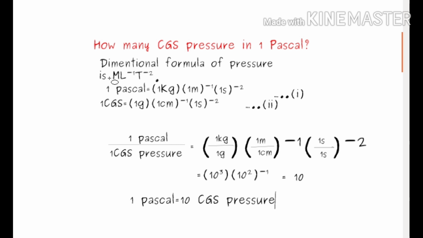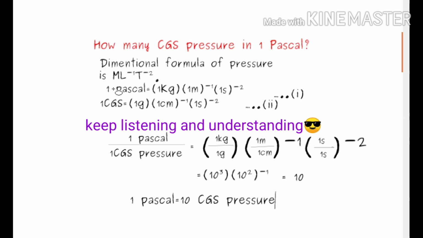When you convert the unit, you are converting only the unit, not the quantity. The pressure will remain the same. You are converting the unit of pressure from CGS into Pascal.